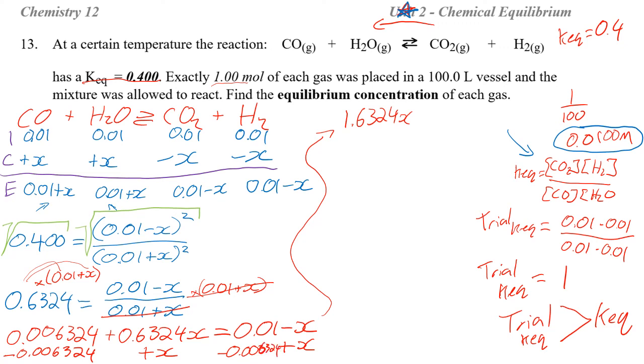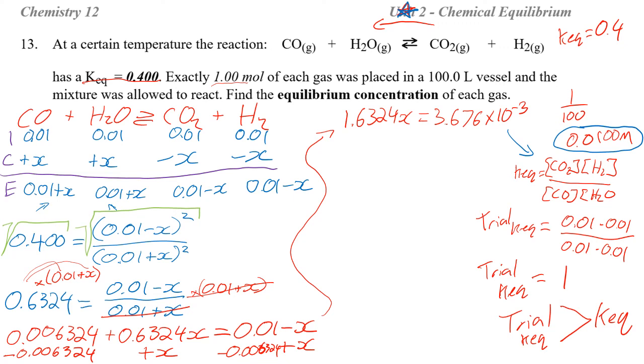I'm going to use my calculator to do that. 0.01 minus 0.00632 equals, and I get this number equaling 3.676 times 10 to the minus 3.